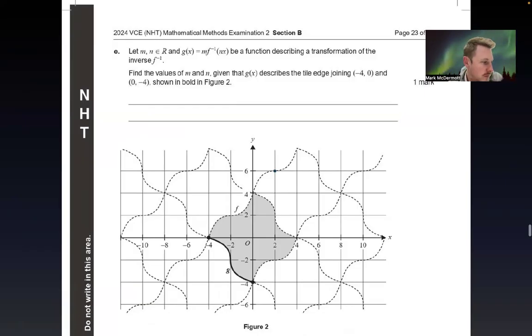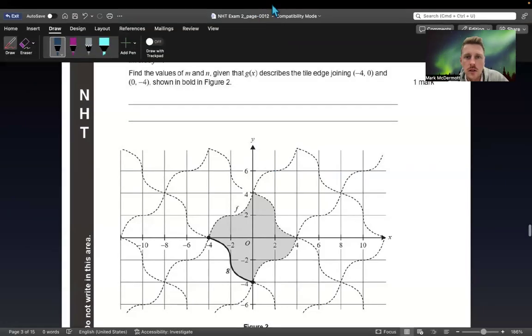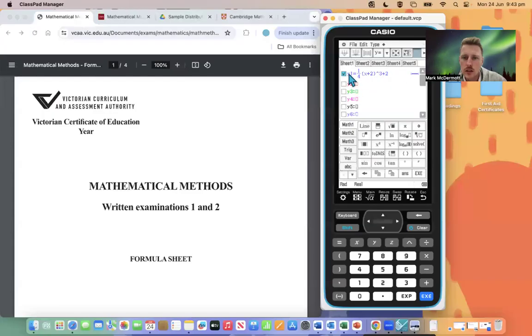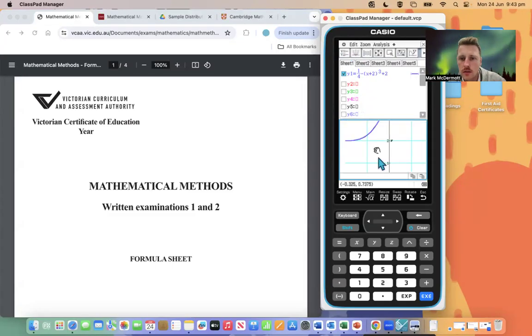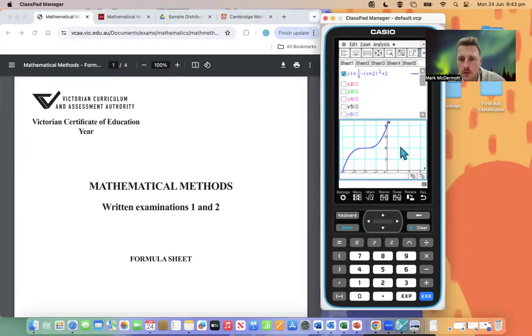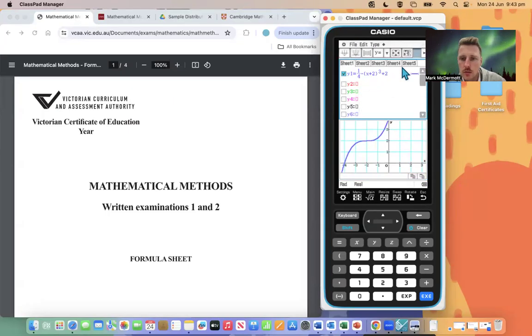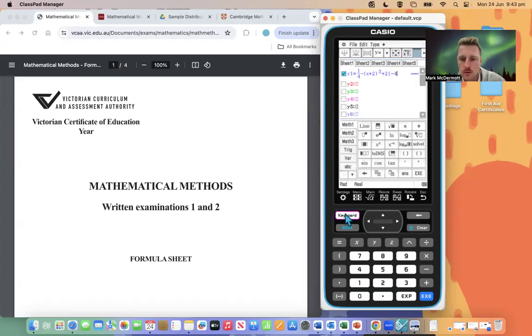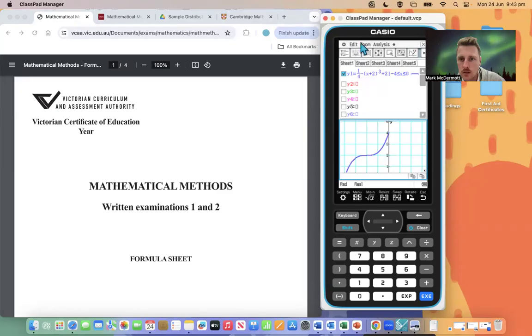Okay. Let me think how to explain it. Right. So we really need to wrap our head around what the graph looks like. So if we graph that, 1/4 times x plus 2 cubed plus 2, if I zoom out. Okay, but I only want that between, so this is part of his tiling pattern, right? So I only want that between -4 and 0. Graph that, so that looks a bit better.